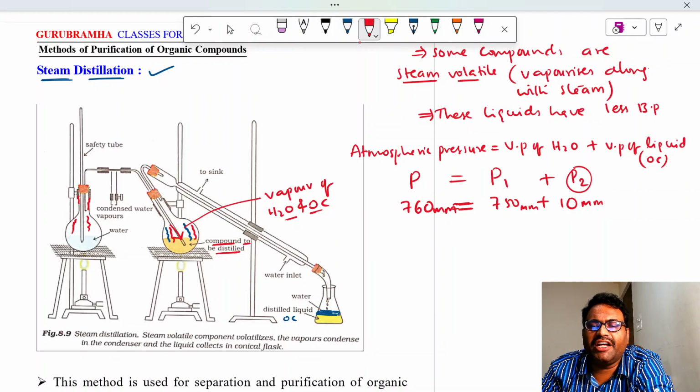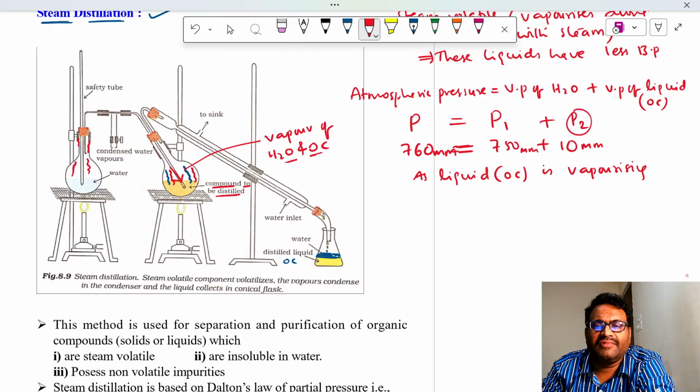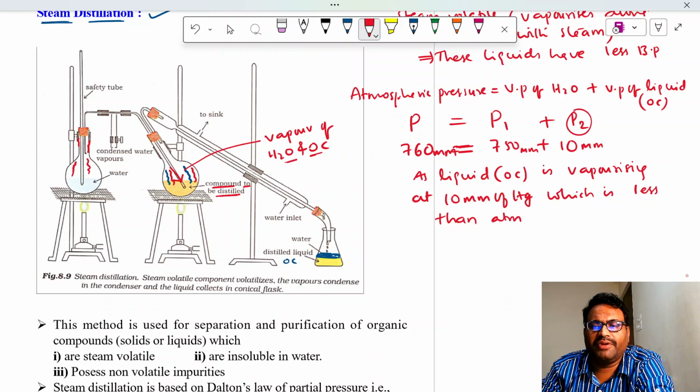So the organic liquid is vaporizing at just 10 mm of Hg, which is less than atmospheric pressure.